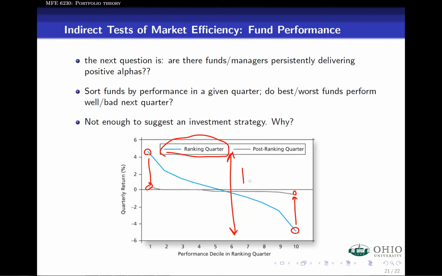It's about 10%. But the difference between the best and worst performing funds next quarter is less than 1%. Which basically leaves us with no strong evidence that managers persistently beat the market.